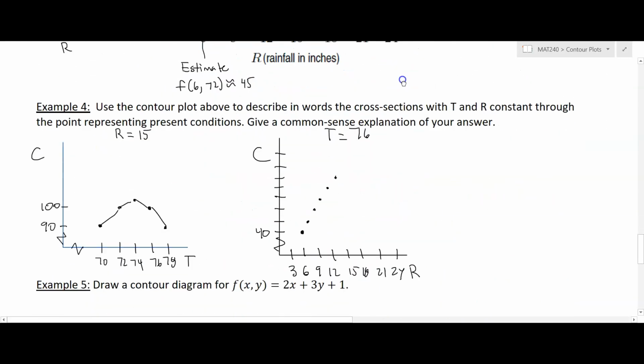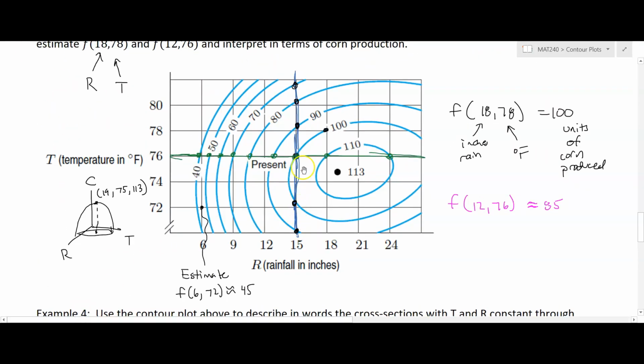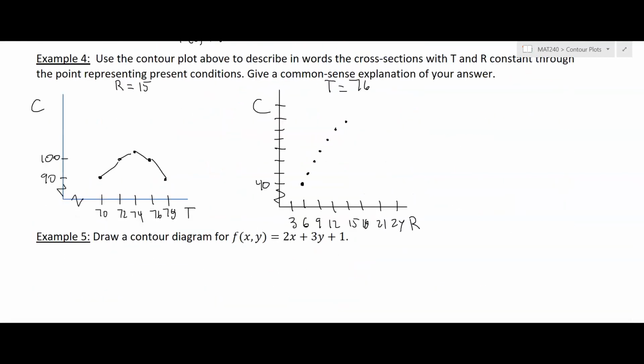And then 15 inches will get you to, sorry, 15 inches will get you to 100. So 15 inches is 100, and then 18 inches corresponds to 110 units produced. So you can see how this is starting to flatten out a little bit.